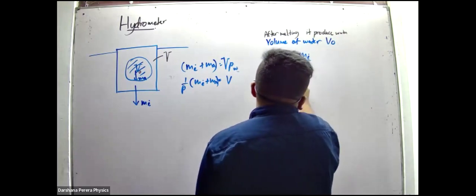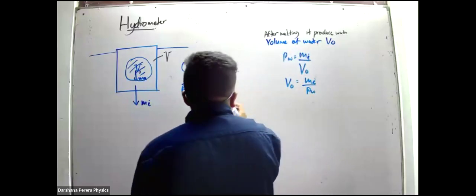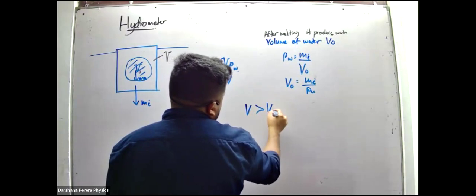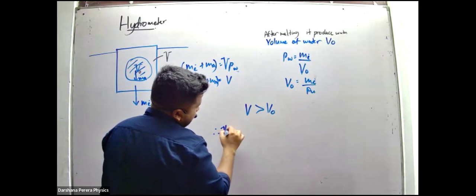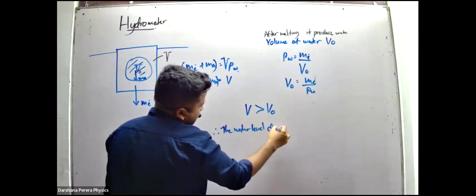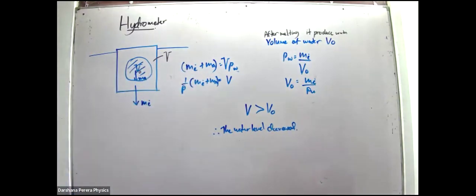V naught equals Mi over rho W. See, V is higher than this one. V is higher than this one. Right? Therefore, the water level decreases. Okay, write down.